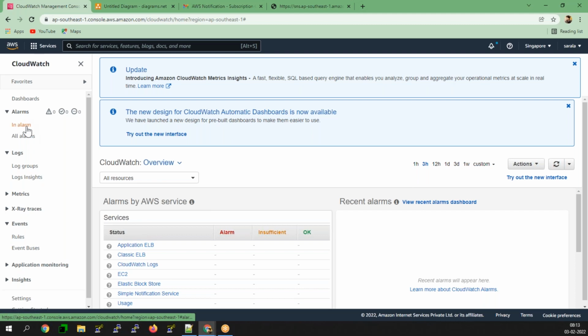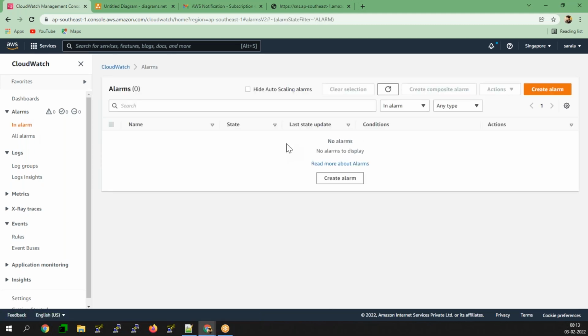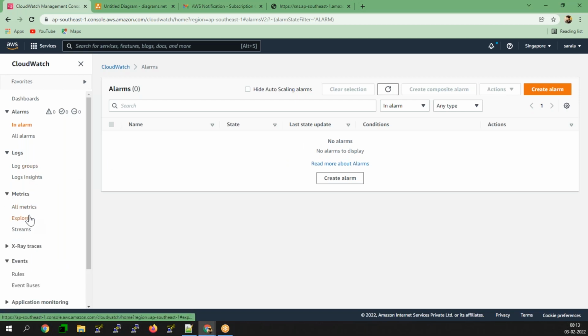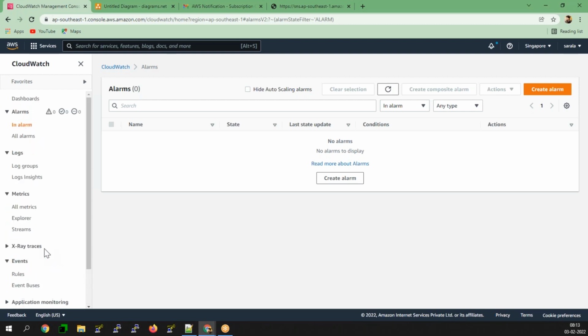These are the three things. The first thing is the alarm, the second thing is the respective metrics, where all metrics are calculated, and the third thing is events, rules and events. Firstly, you are going to enable the respective metrics.